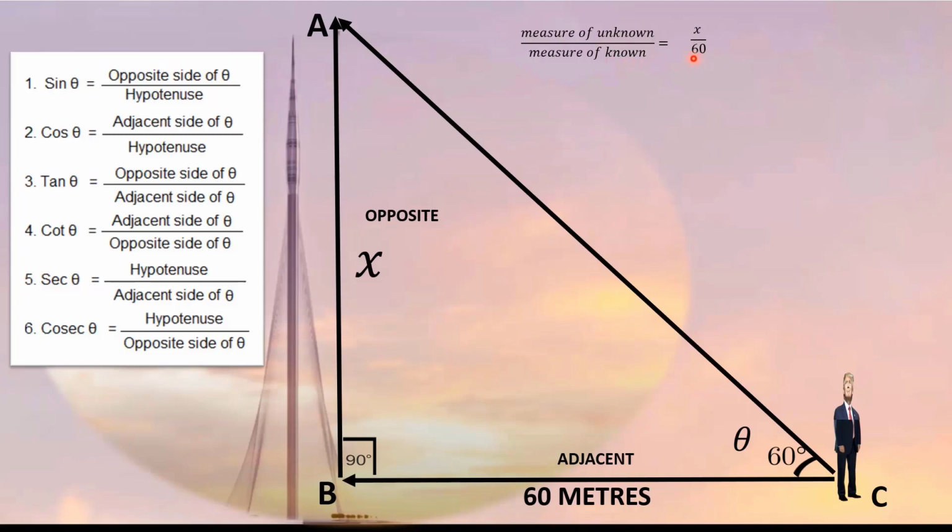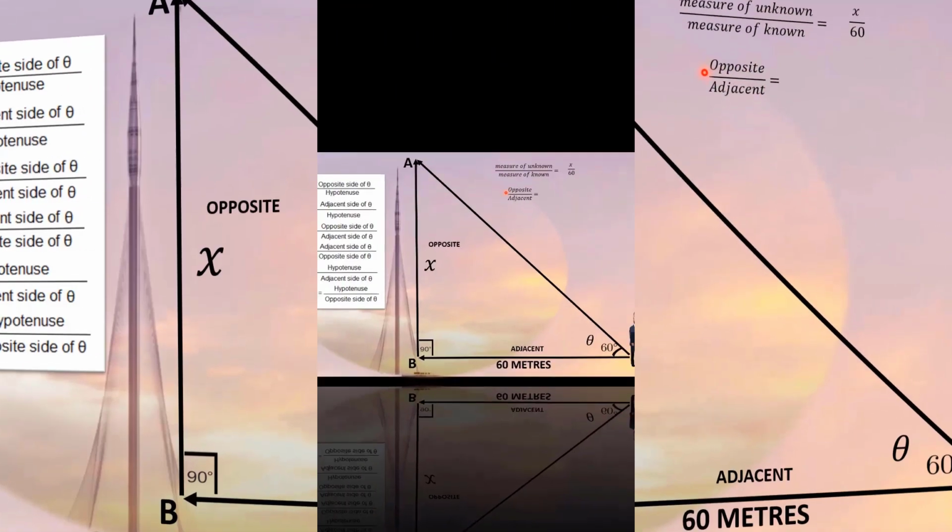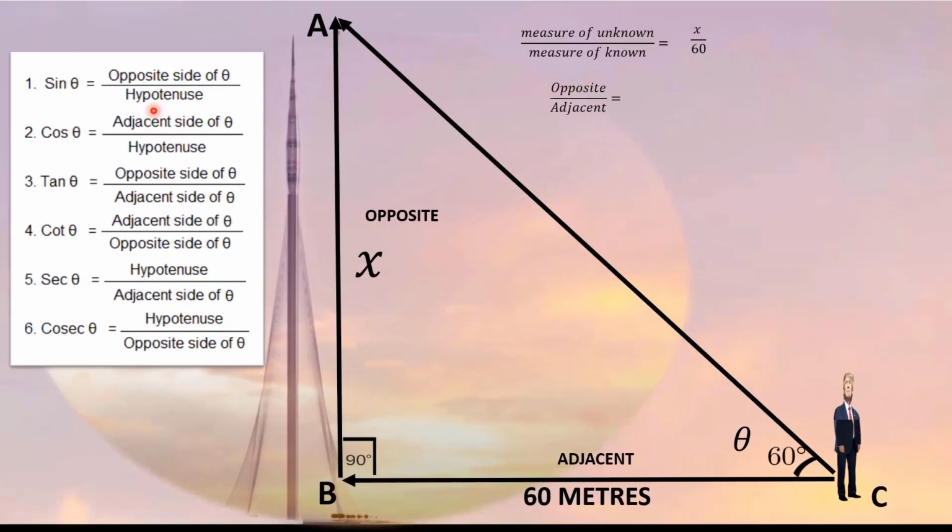And this is called, in terms of trigonometric ratio, opposite over adjacent. This is the trigonometric ratio. Now compare this ratio with the given 6 trigonometric ratios.